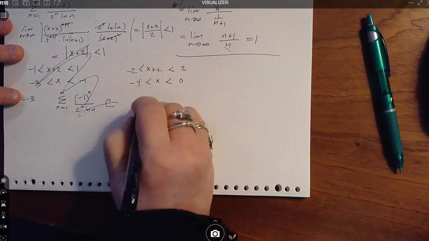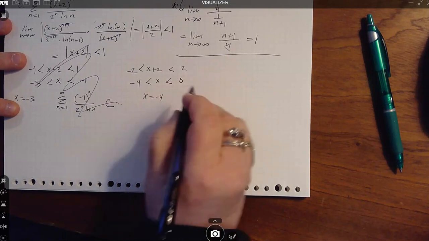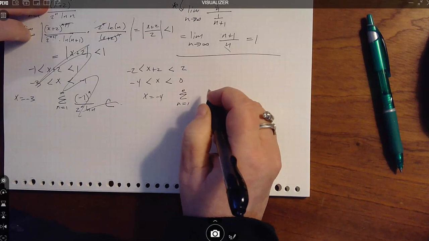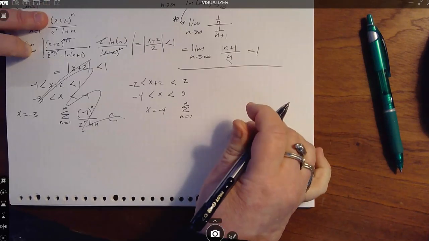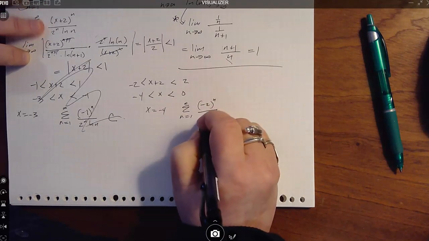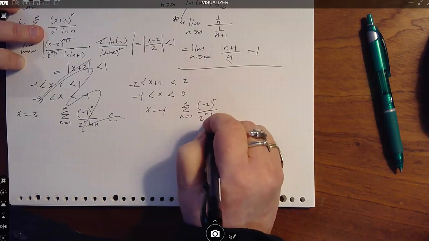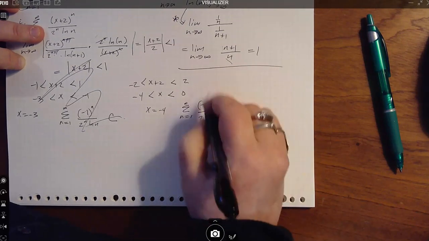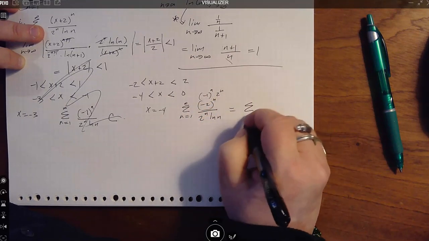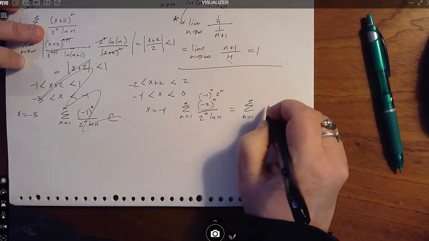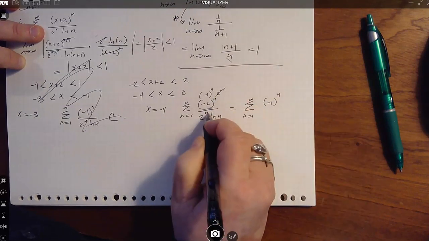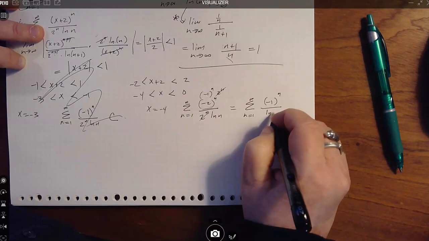So if I plug in x equals -4, I get the summation as n goes from 1 to infinity. -4 into my original here, I get -2 to the n over 2 to the n natural log of n. Simplifying, remember this is going to be -1 to the n, 2 to the n. I'm left with -1 to the n. The 2 to the n's cancel, and I'm over natural log of n.